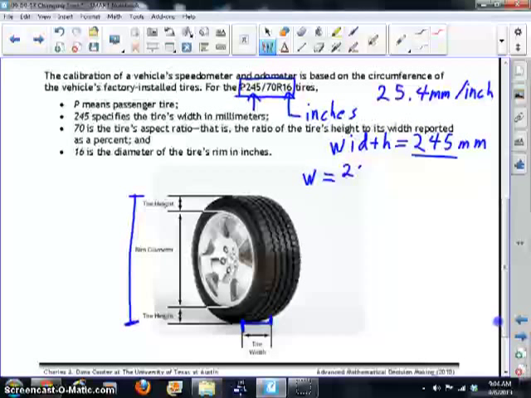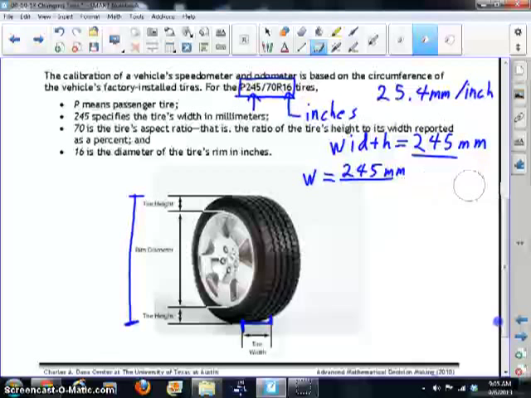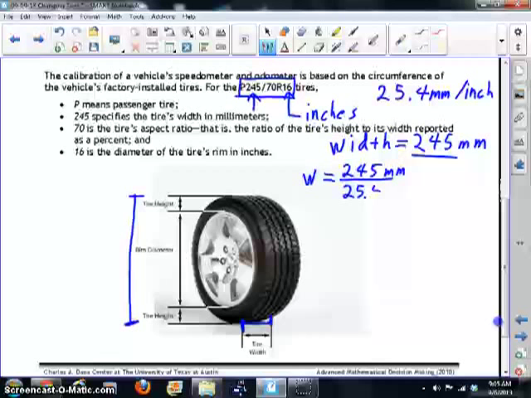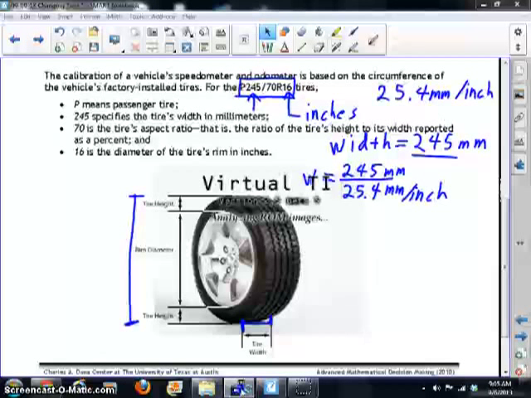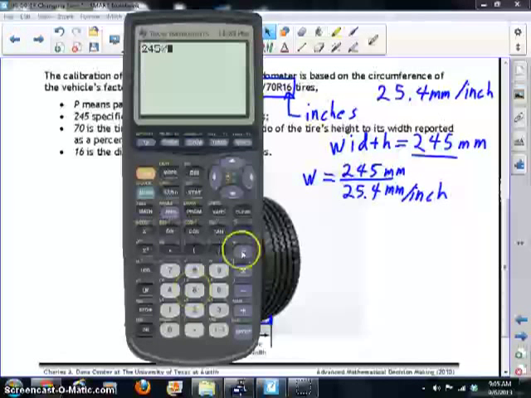We have 245 millimeters, and we're going to divide that by 25.4 millimeters per inch. Now I'll probably do it better if I write it another way. So we're going to do this math really fast, just to find out what this is: 245 divided by 25.4.